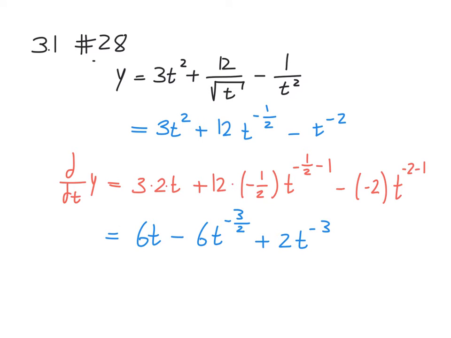So this is a perfectly good expression, but if you want, you can now rewrite this also as 6t minus 6 times 1 over t to the 3/2 plus 2 times 1 over t to the third.